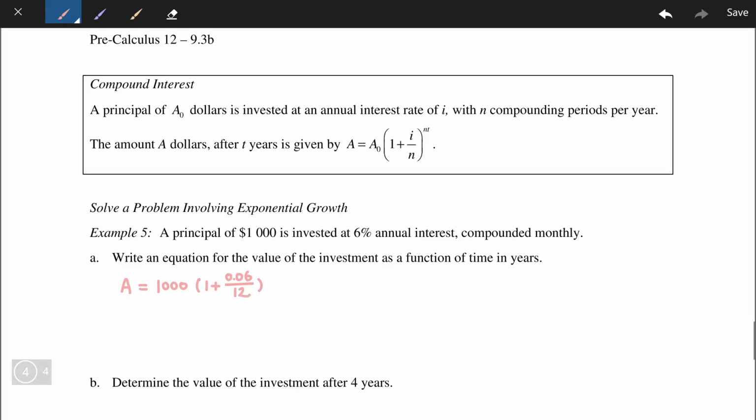And then to the power of 12t. Okay, so in this case, 0.06 divided by 12 is 0.005. So we can simplify this a little bit. So A is equal to 1,000, and then 1.005 to the 12t power.